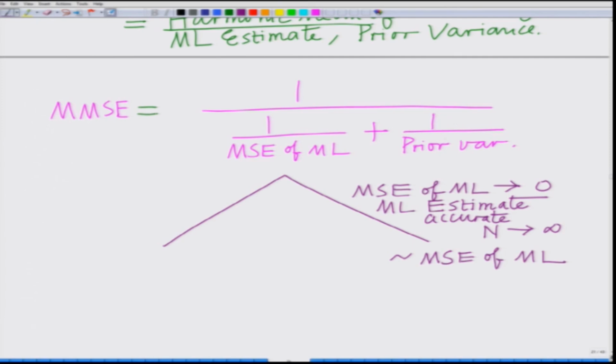Now, on the other hand, if the prior variance is very small, the prior variance tends to 0, then again the denominator is dominated by 1 over the prior variance, and therefore the MMSE is approximately equal to simply the prior variance.